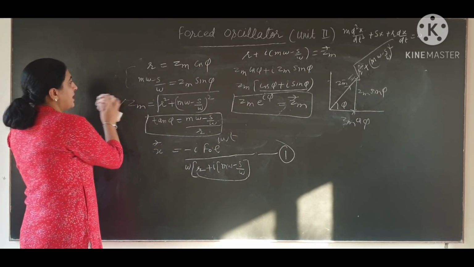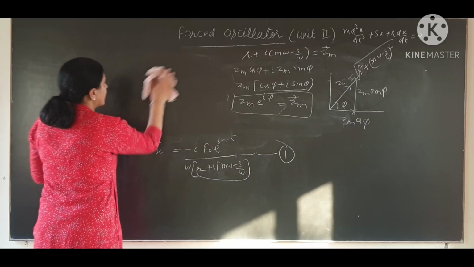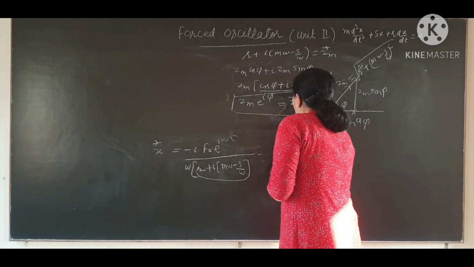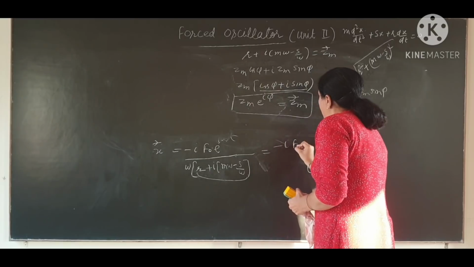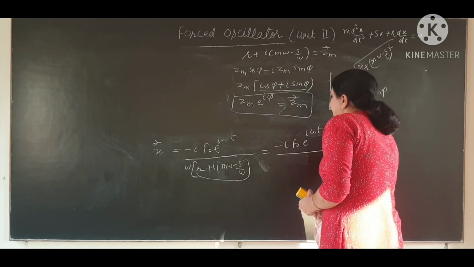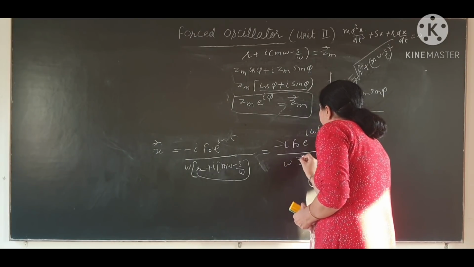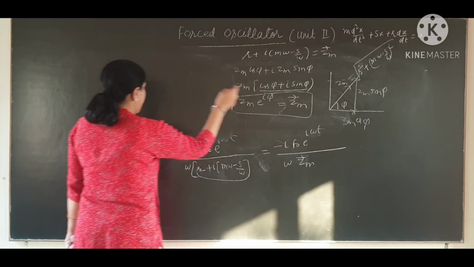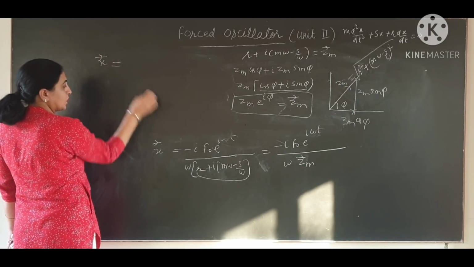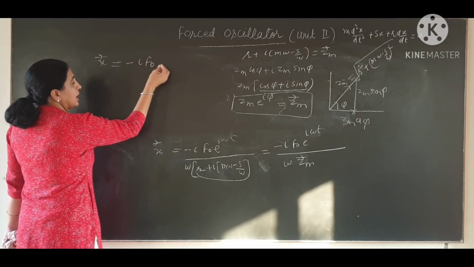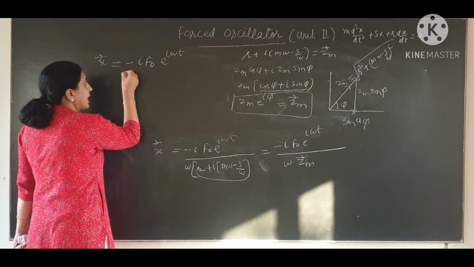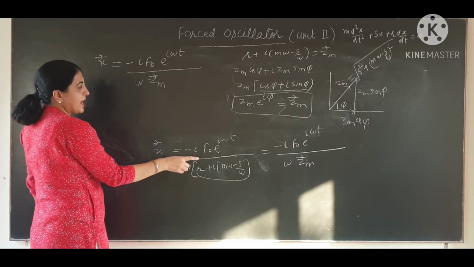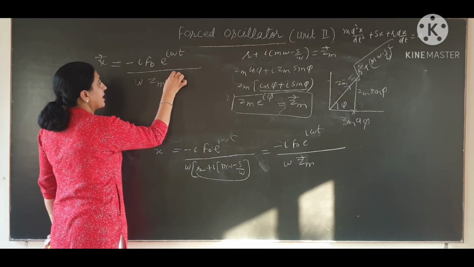So if I write here, x is equal to minus iota f naught e raised to power iota omega t divided by omega into Zm vector, and the Zm vector is Zm e raised to power iota phi.